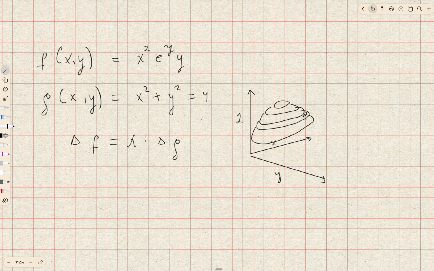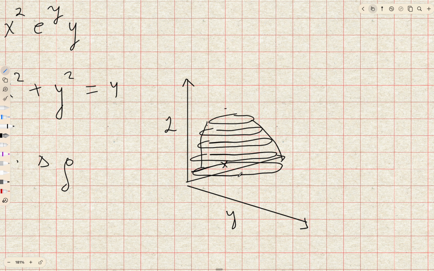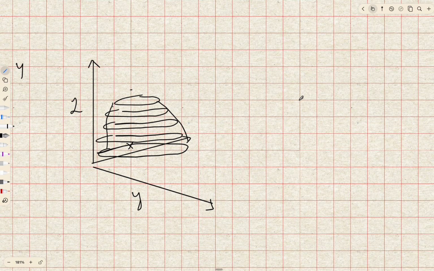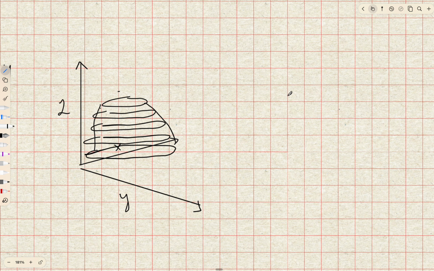If you look at this function from the top, we get contour lines in the xy space. And as you can see, at these points the value of z does not change. It's constant here, here, here, and here.